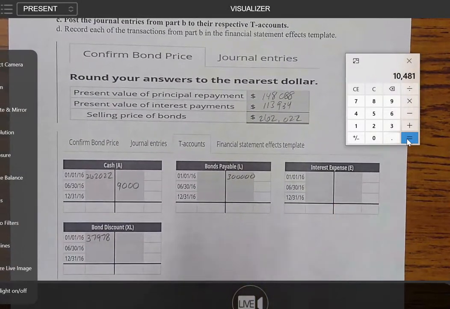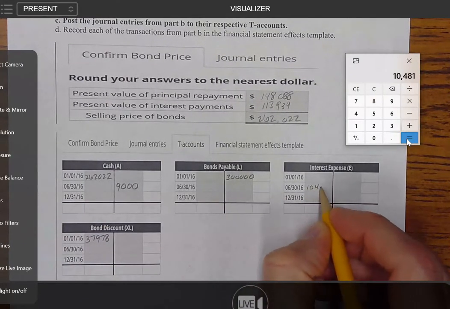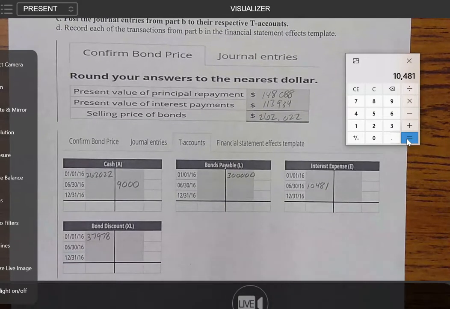Okay, so expenses have a normal debit balance. So we have 10,481 there. Now we're going to take this 10,481 interest expense, and we're going to subtract from the interest expense the interest paid.